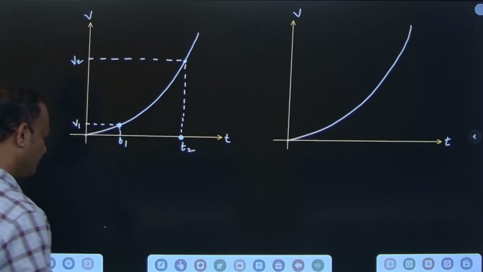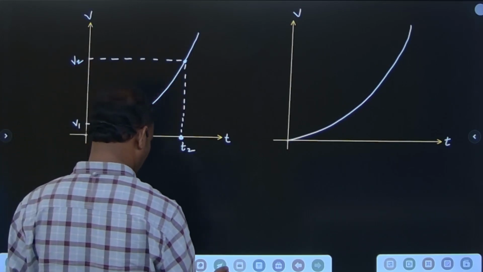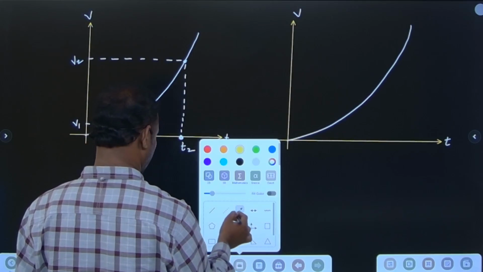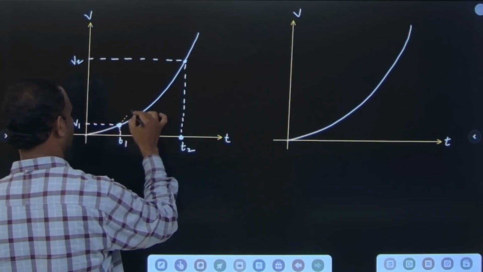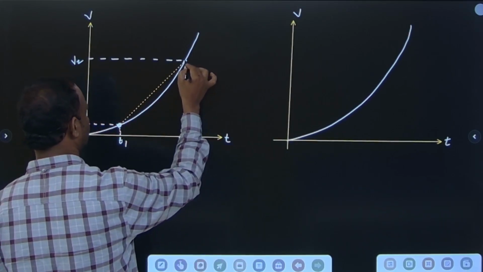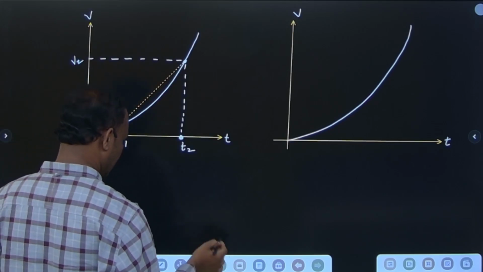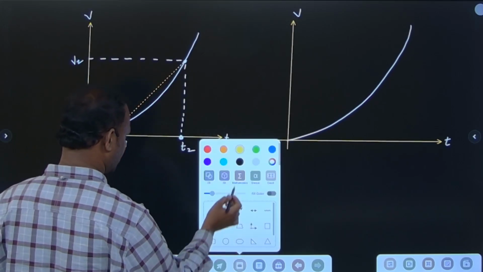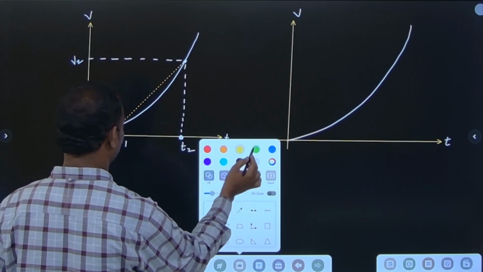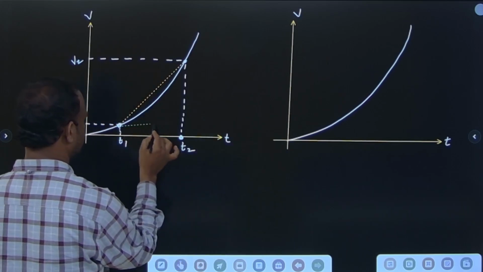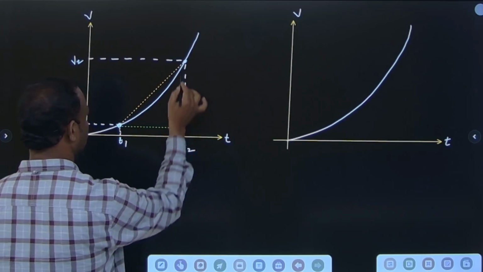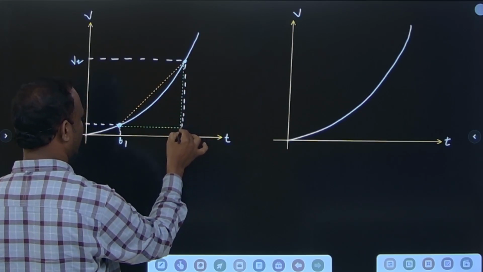So from here to here, if you take the slope, what is the slope? You can take a right angle triangle, and the slope is tan theta.